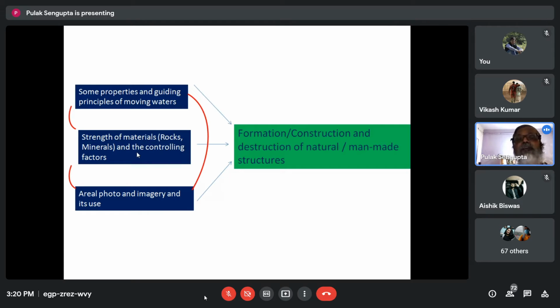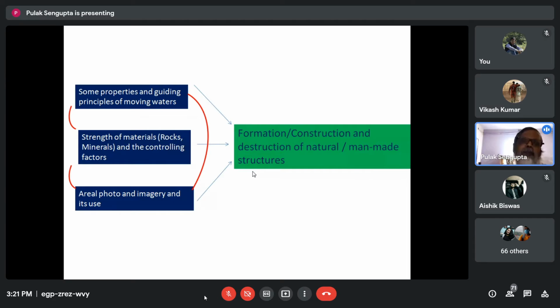Destruction of natural structures in a general way is landslides, physical mass movement, impact of water on the land or the structures, and of course the man-made structures. It can be a dam, it can be the piers of a bridge. Of course, I don't qualify to tell you what the designs should be, but I will say a few words about the guiding principles.